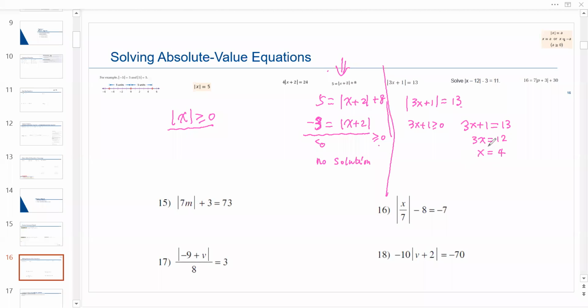Let's check it. Put 4 inside: 3 times 4 equals 12, 12 plus 1 is 13. Absolute value, still 13. So that makes sense.